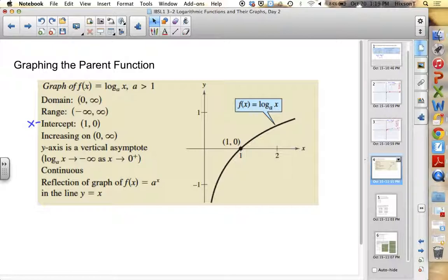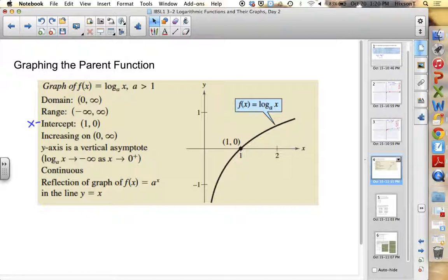Notice, too, it's always increasing throughout the domain. It doesn't have a local max point. If we did cut it off into an interval, whatever the end of that interval was would be the max point because it's constantly increasing. That's the only way we could get a max point.